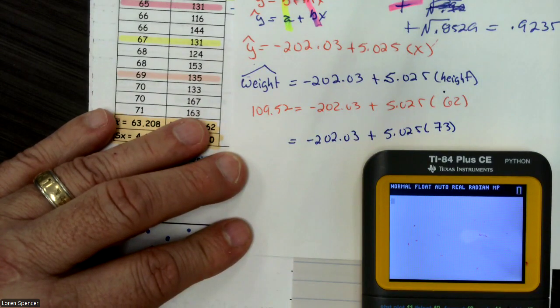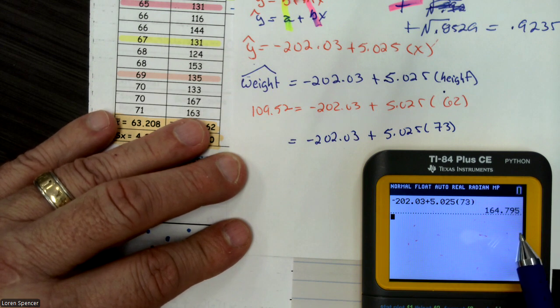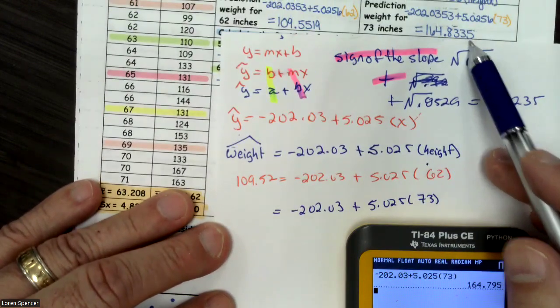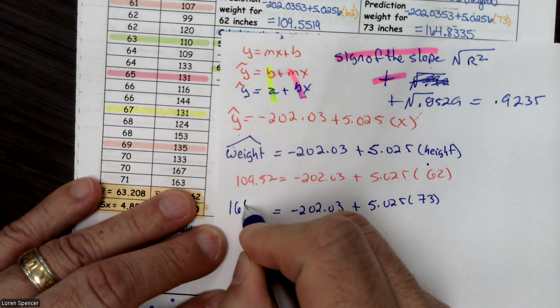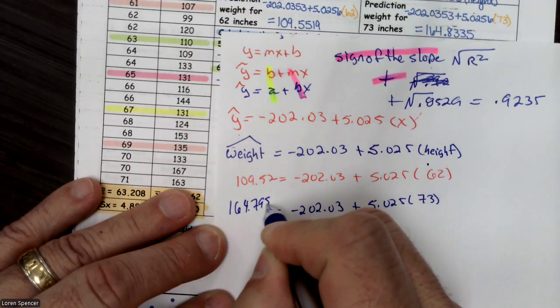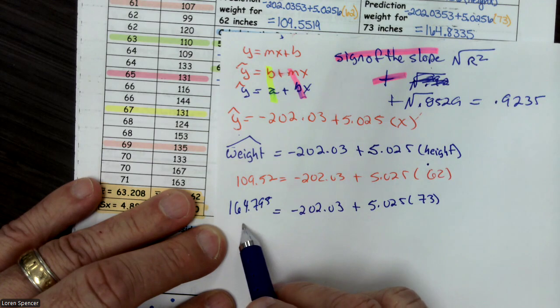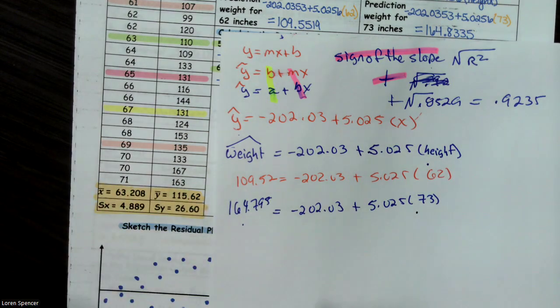So clear that out. Negative 202.03 plus 5.025 parenthesis 73, close those, and we get 164.795. Once again, our difference between what's on the key and here is rounding. This is more accurate because I went to more decimal places. And this was just because of the number of decimal places I went to. Otherwise, we did the same thing.